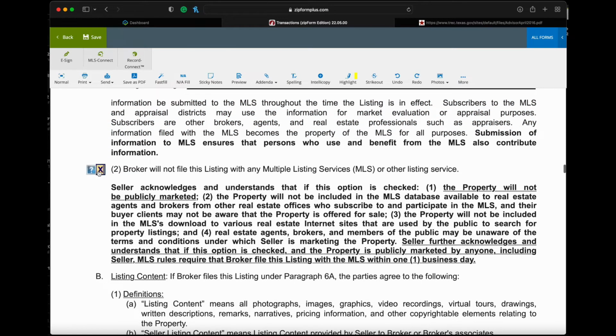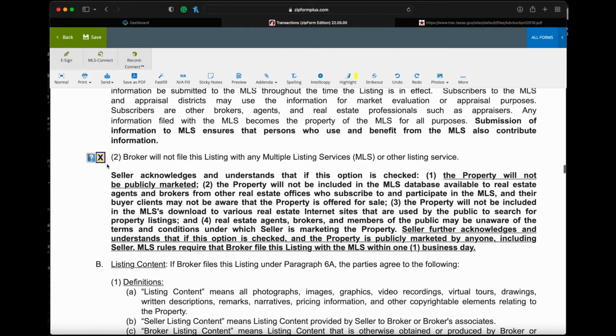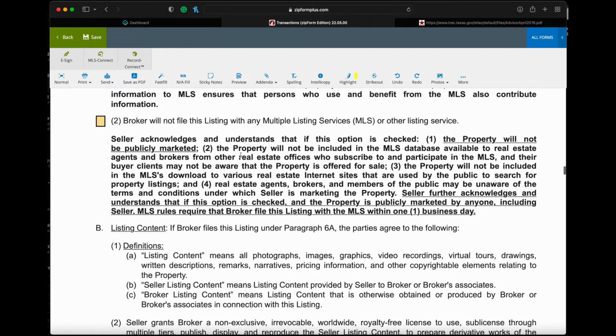If they don't want you to put it on MLS, this one is also going to be checked here, so it will not be in any MLS listing. They need to understand that other agents, nobody else, is going to know.